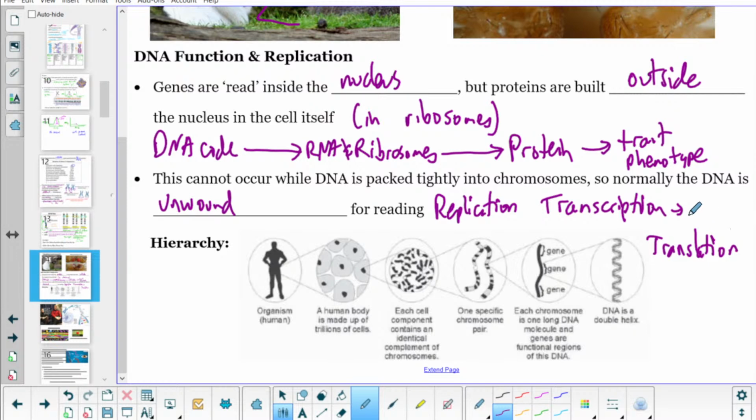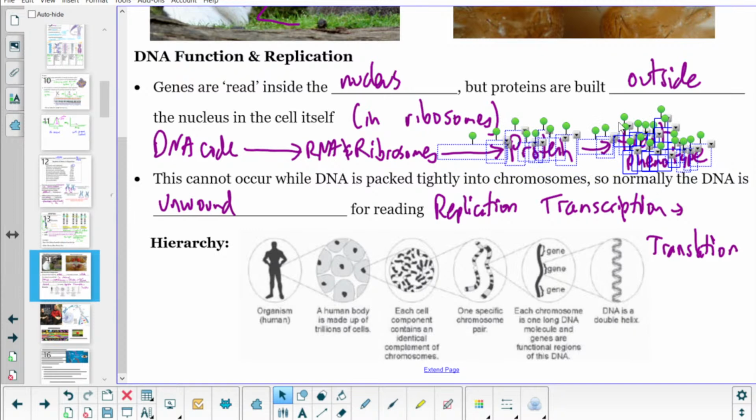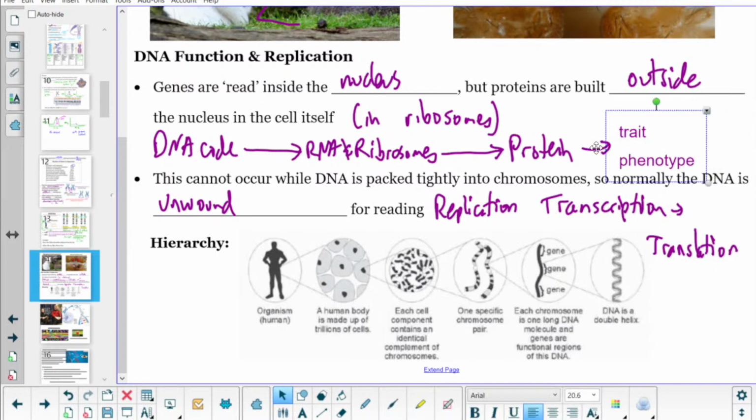What's after protein? This is a trait or a phenotype. So we'll go to transcription or translation?